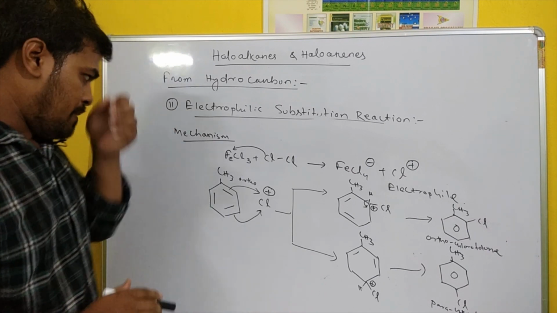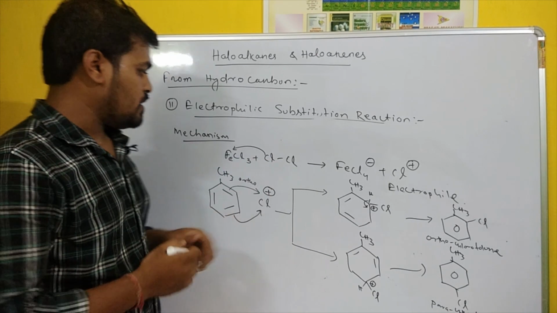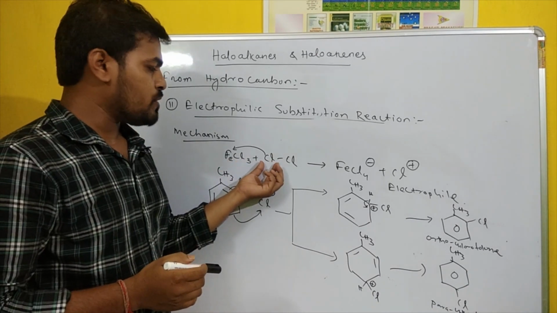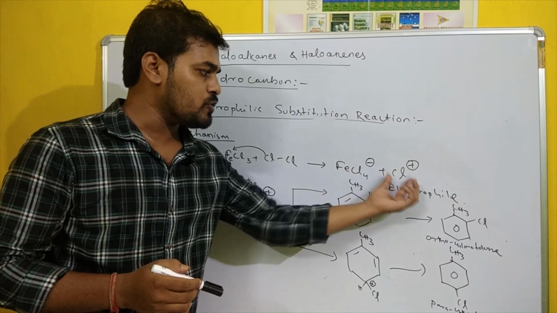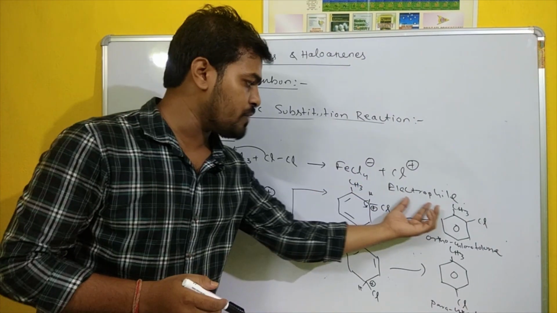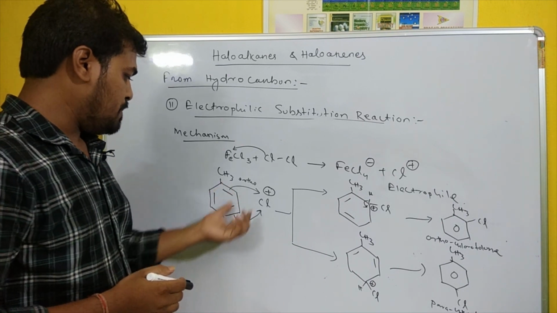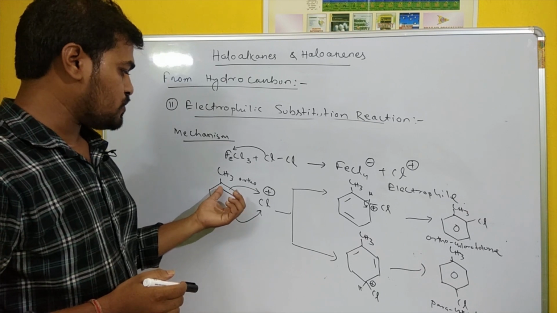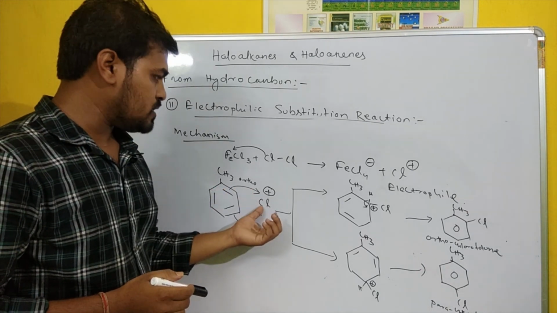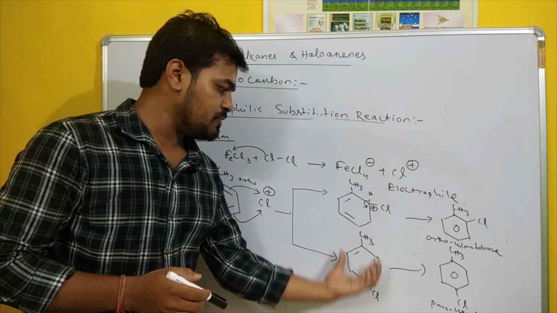So basically what will happen, as FeCl3 is a Lewis acid, it can accept a pair of electrons from chlorine, so that FeCl4 minus is formed and Cl plus is formed. That Cl plus is an electrophile which is attacked by a nucleophile, that is, the benzene ring is a nucleophile. That benzene ring contains pi electrons, so that pi electron attacks this electrophile, and this intermediate is formed.